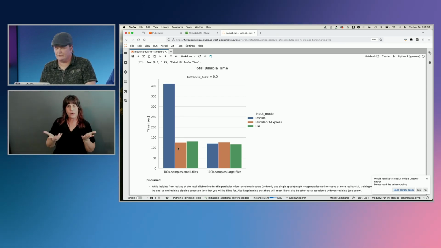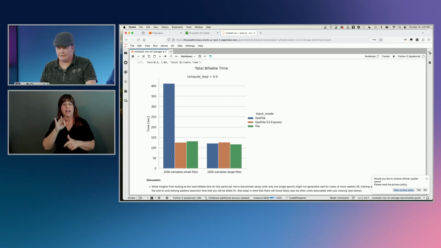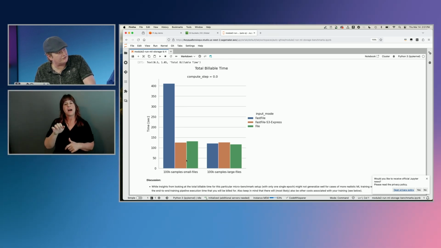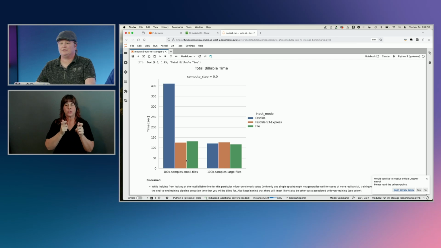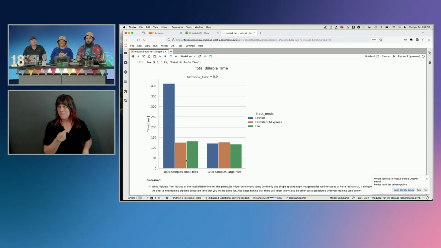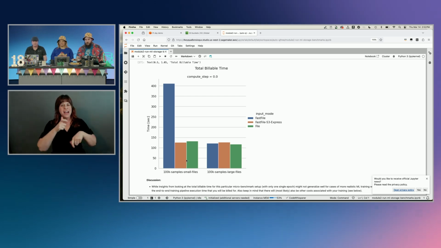We can see that fast file with S3 is taking a lot longer. So fast file mode with S3 Express is 6 times faster. Why is this important? Saving money. Faster times, less money. Technically, the less time your GPUs are idle, the more money you will save ultimately.